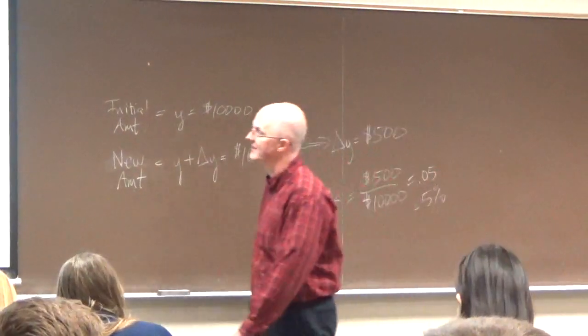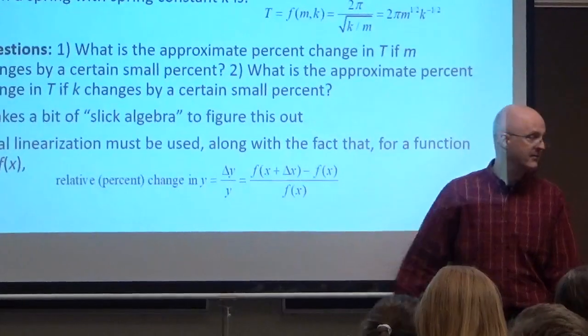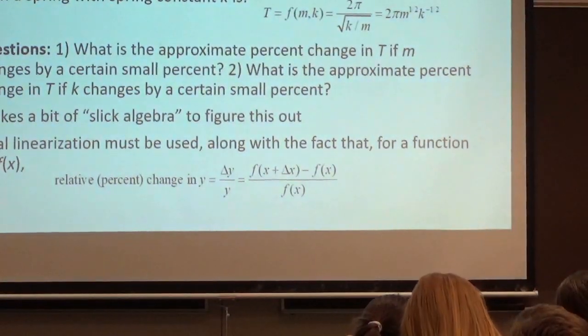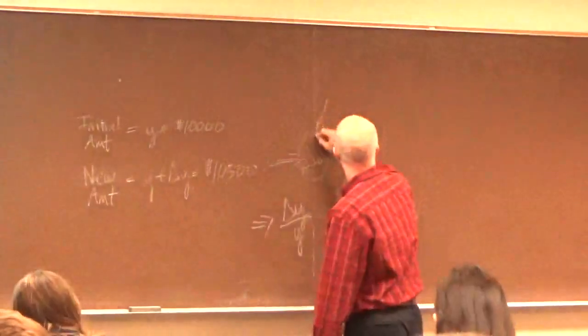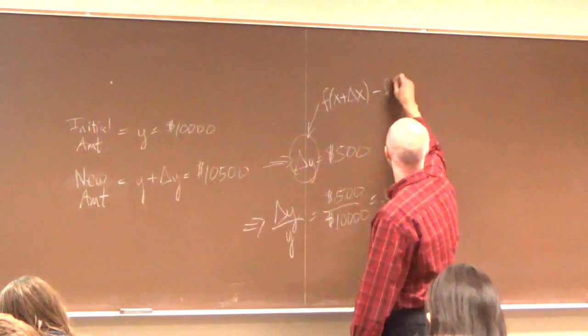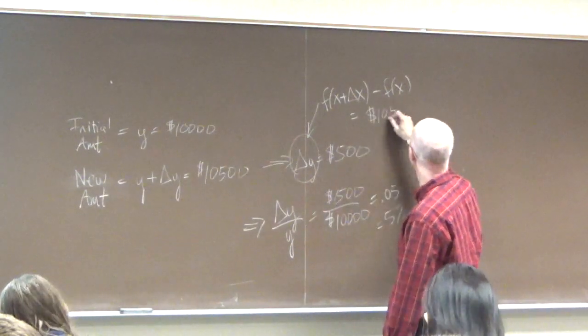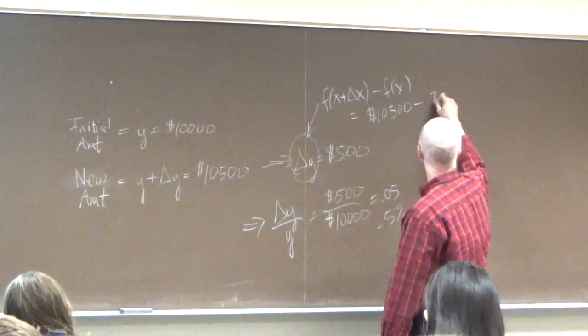Percent change. In terms of function notation, that's f of x plus delta x minus f of x, all divided by f of x. Here f of x plus delta x is the 10,500, and f of x is the 10,000.